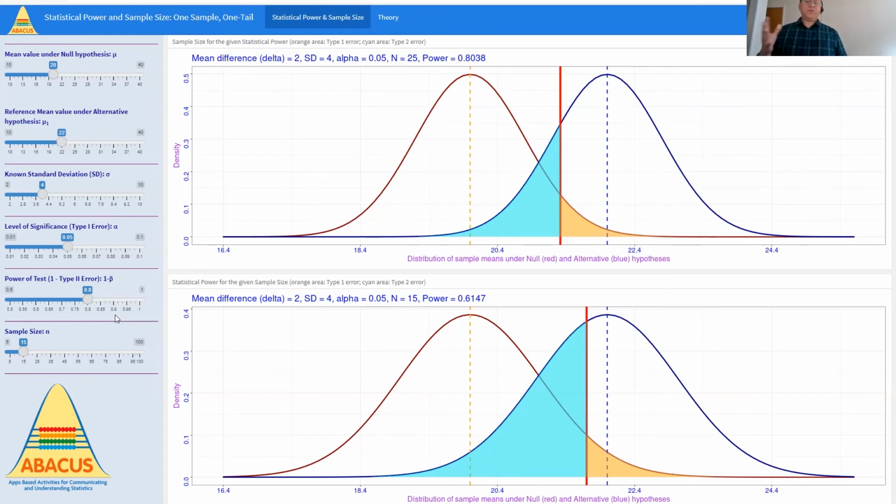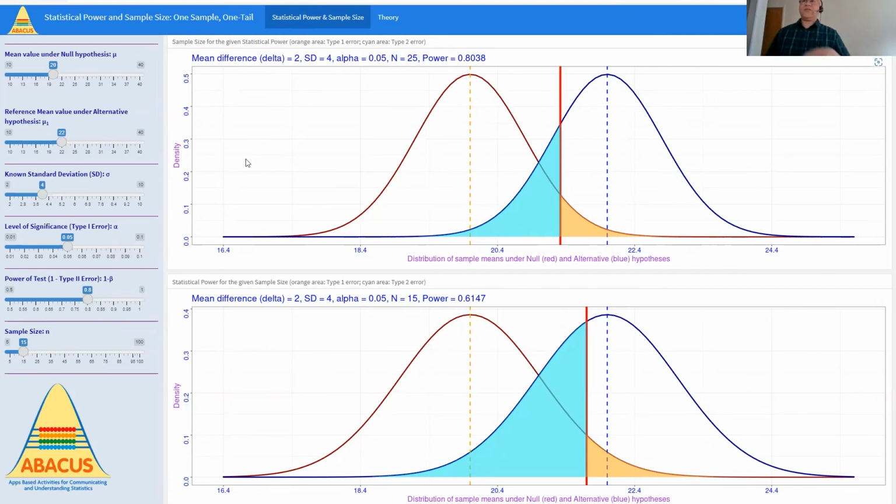Most of the time, let's say we have a new medicine and we feel that it will reduce the blood pressure. We need to plan our experiment with enough sample size, because when we do the hypothesis testing, we should have an adequate sample to capture that. What we don't want is to commit a type 2 error. Even if the alternative hypothesis is true, if we still fail to reject the null, that will not be very helpful.